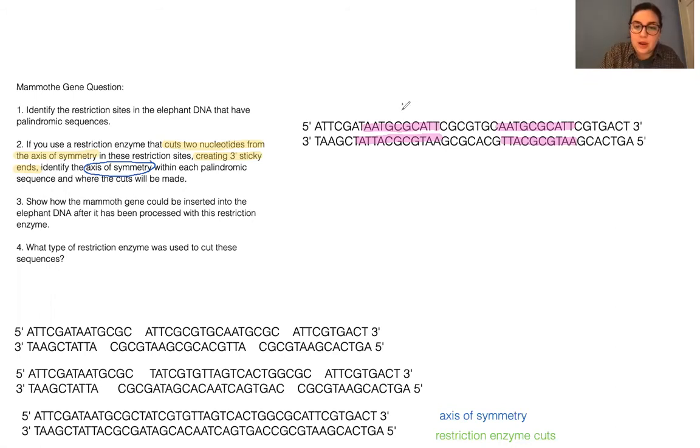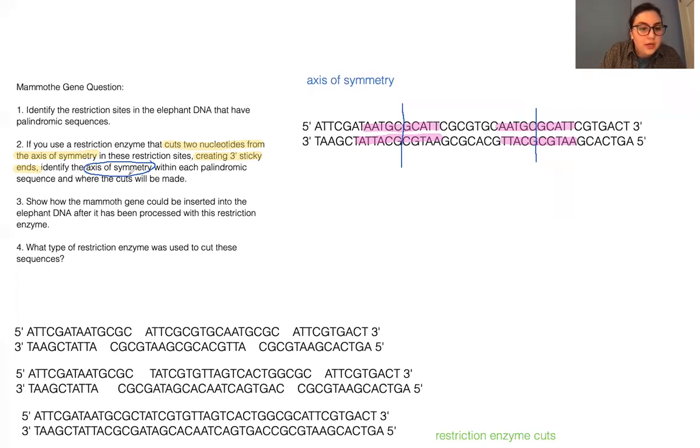And so it's going to be right between this C and G, and then the same over here. And then I'll drag out this label just so that we can remember that our blue lines are showing us our axis of symmetry.